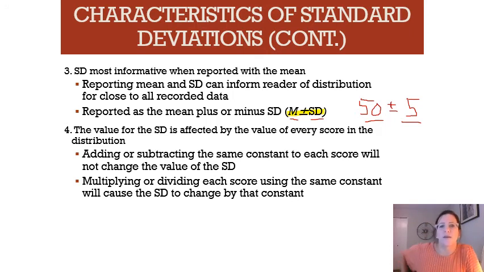And then the standard deviation is affected by every score in the distribution. So it's similar to measures of central tendency with the mean. If you add a constant to every score, the mean would shift by that amount. Let's say the average score on exam 1 was 75%.